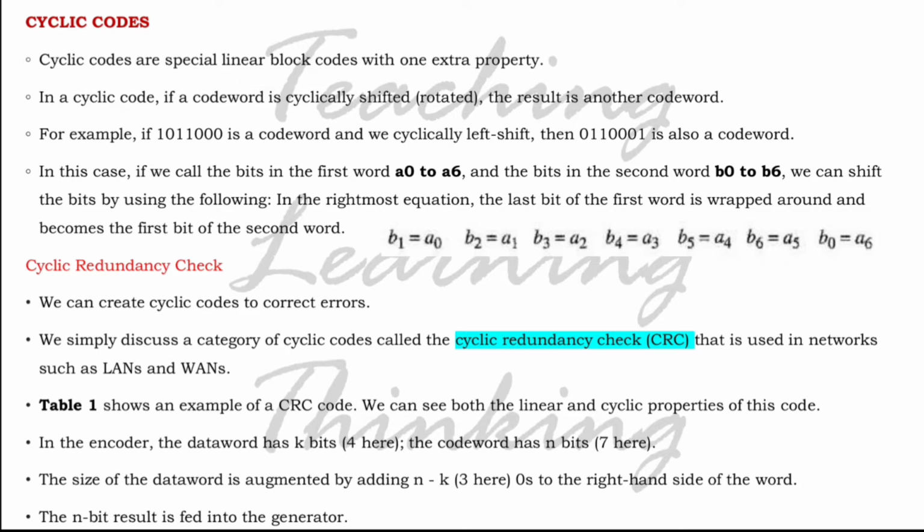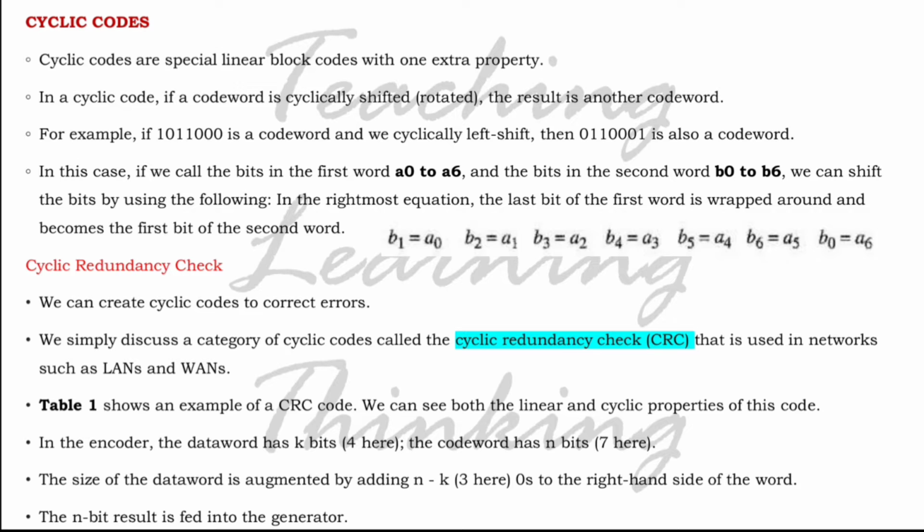For example, if 1011000 is a codeword and we cyclically left shift, then 0110001 is also a codeword. In this case, we call the bits in the first word A0 to A6 and the bits in the second word B0 to B6. We can shift the bits using the following equations.